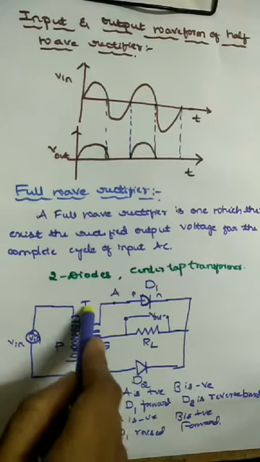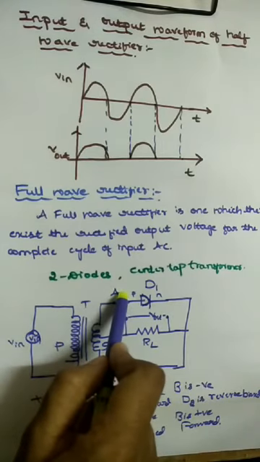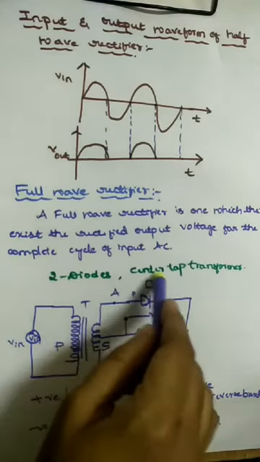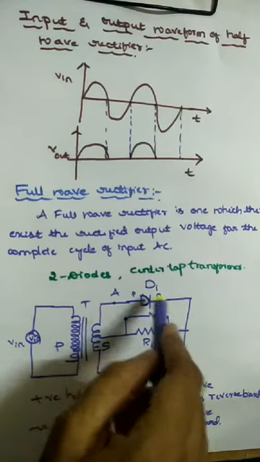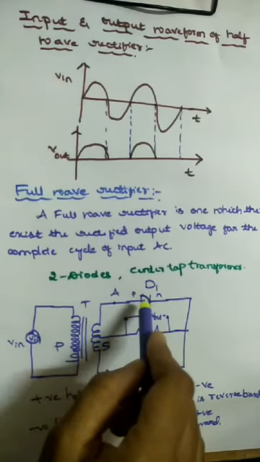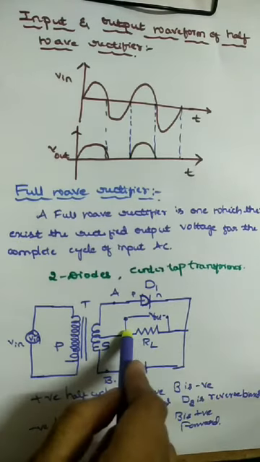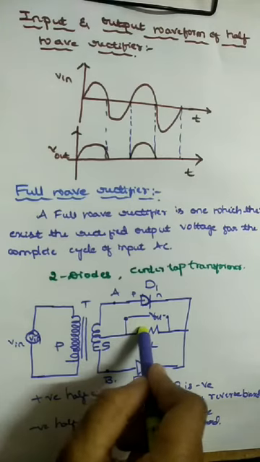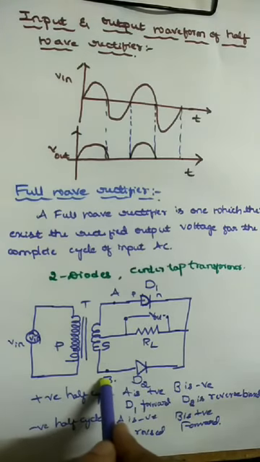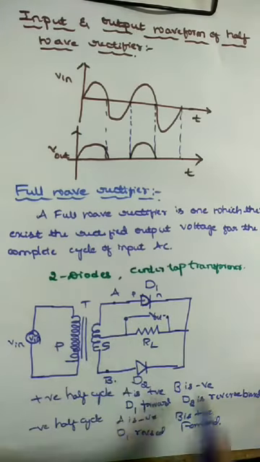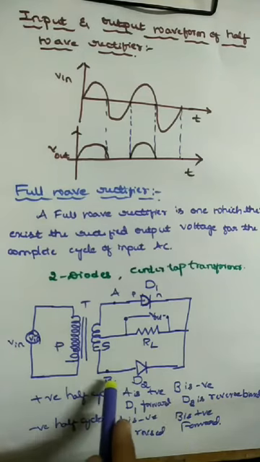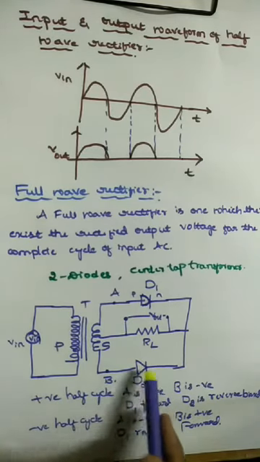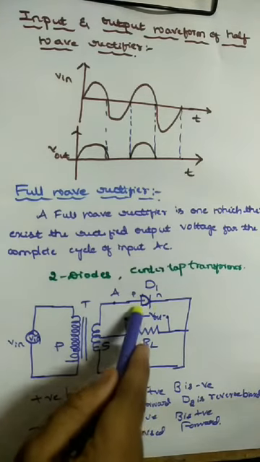During the positive half of the cycle, when A is positive, obviously B is negative. Where it is positive, the diode becomes forward biased, so it conducts current and output is through the load resistance RL. Similarly, when B is positive and A is negative during the second half of the cycle, this diode works as forward biased and the other as reverse biased.